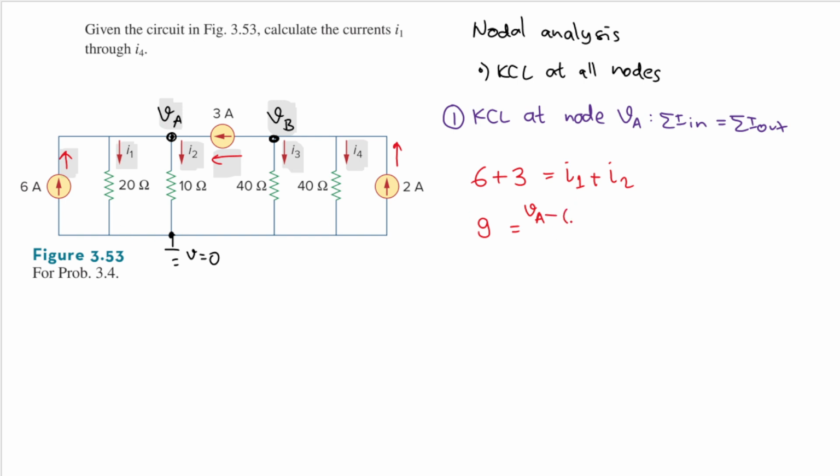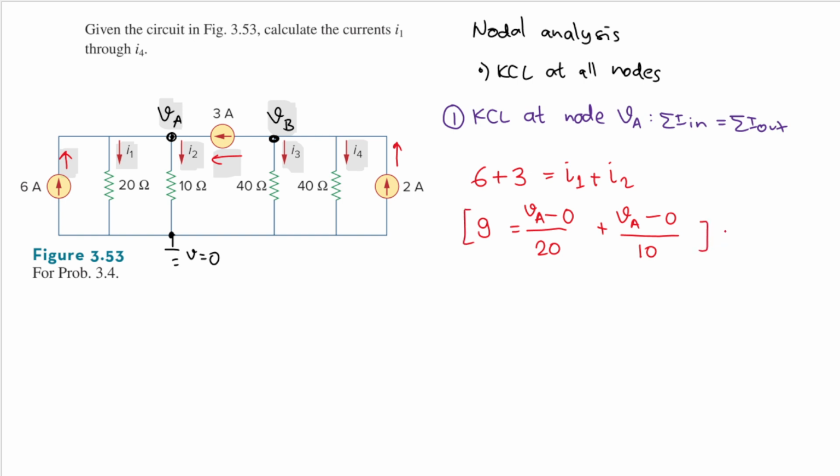So we'll have VA minus 0, and then it is divided by 20 here, which is the resistance between them, because current is just voltage divided by resistance, right? It is Ohm's law. And then for I2, it is similar. We will have VA minus 0 divided by the resistance between them, which is 10. Good.